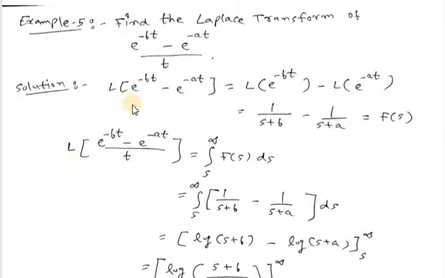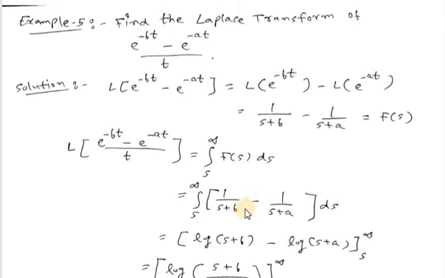Here f t is e raised to minus bt minus e raised to minus at, and that is equal to the integration from s to infinity of f of s ds. So the integration from s to infinity will be as it is, and f of s is 1 over s plus b minus 1 over s plus a, ds.